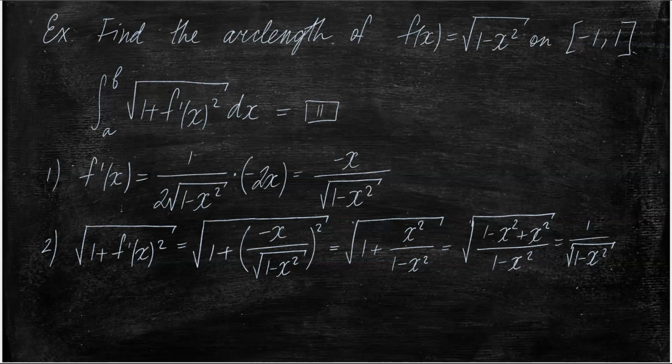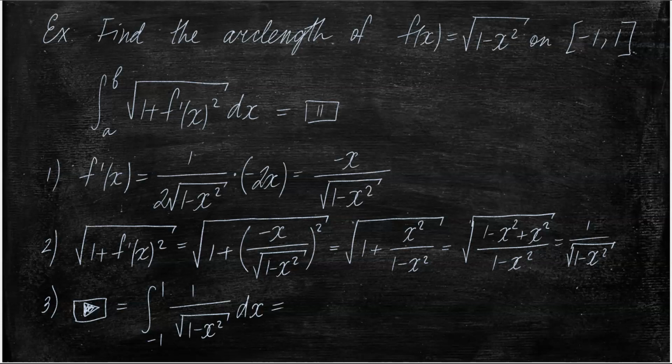And only now we're going to unpause our solution so we can hit the play button and continue. So now we're going to set up this integral from -1 to 1 of 1 over the square root of 1 minus x squared dx.